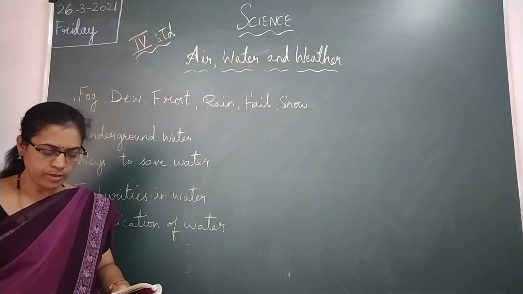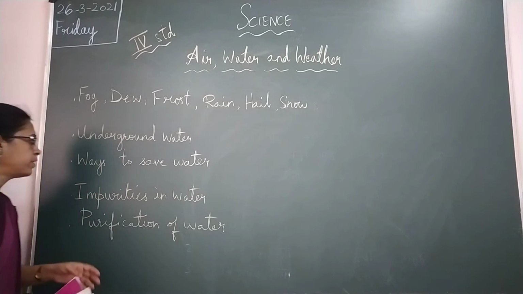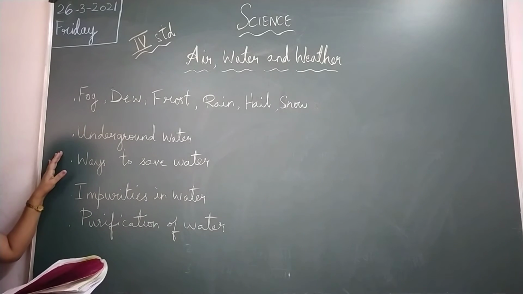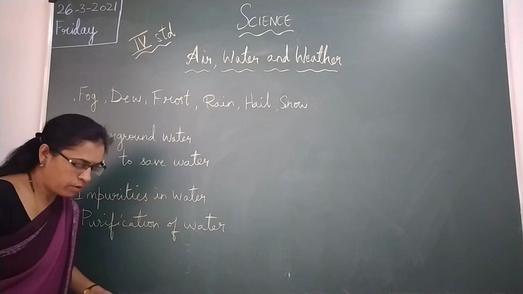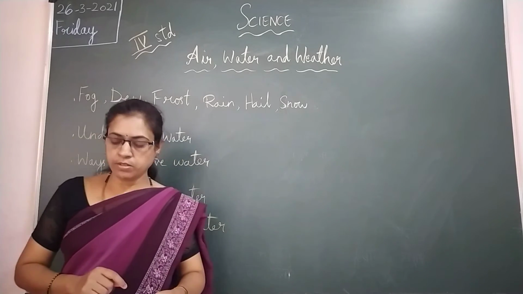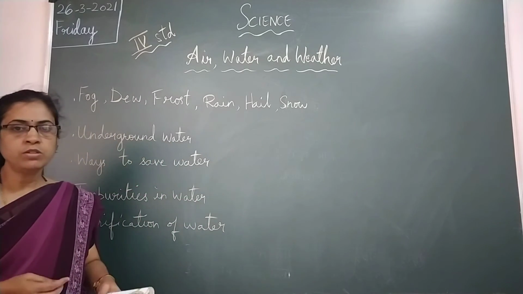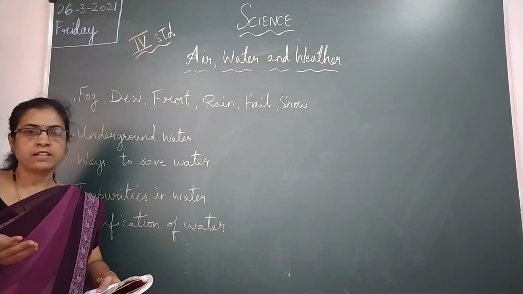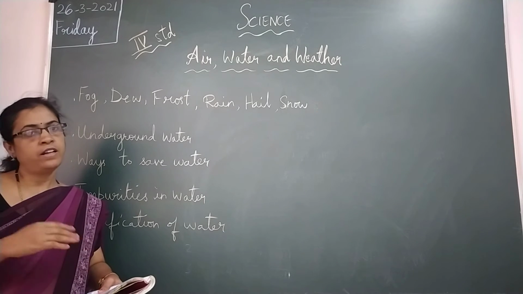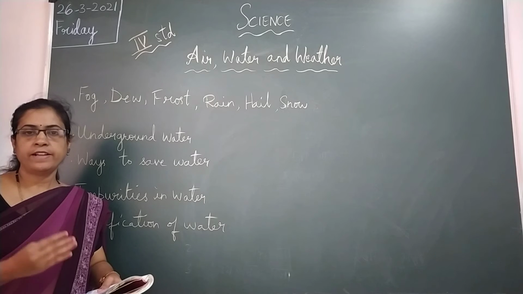Okay. So let me continue with the next one, that is underground water. What is underground water, children? When rainwater seeps into the ground, it passes through several layers of soil and rocks. You have learned about layers of soil.